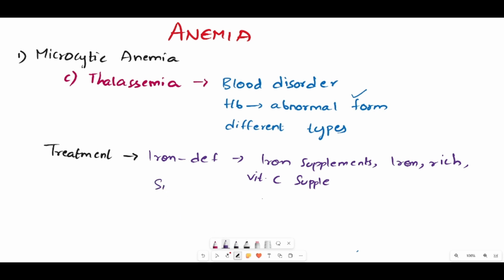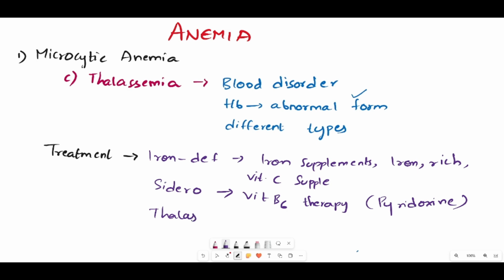To treat sideroblastic anemia, we can use vitamin B6 therapy. Vitamin B6 is simply pyridoxine. And to treat the thalassemia condition, bone marrow transplantation can be done.